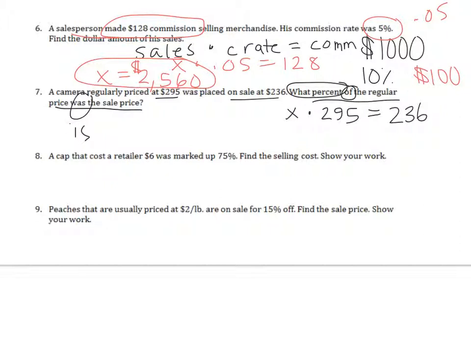So I'm going to divide both sides by $295. So x equals $236 divided by $295, and it's 0.8. It's asking for what percent, so this is going to be 80%.